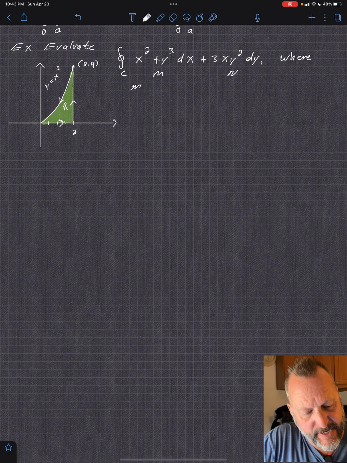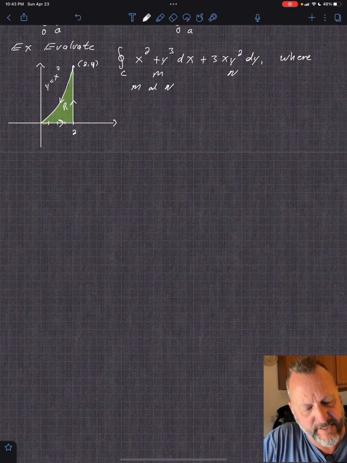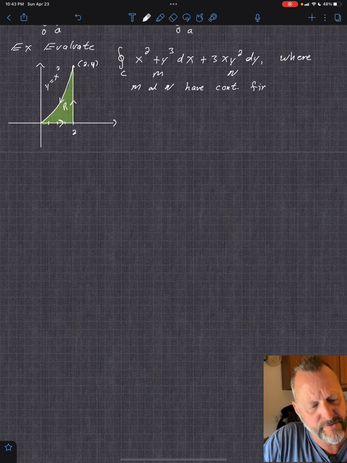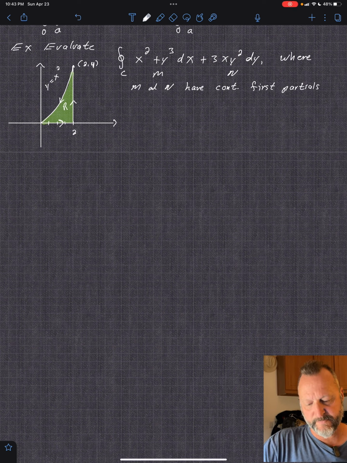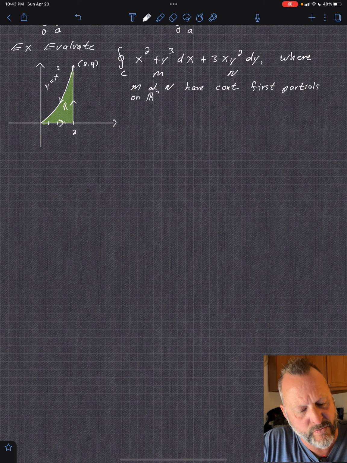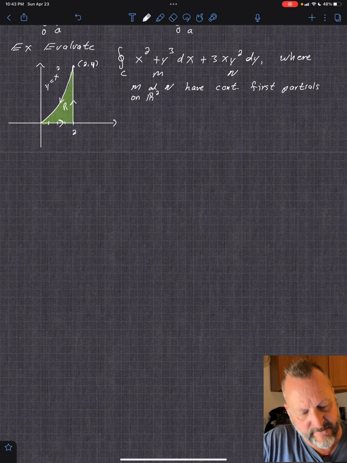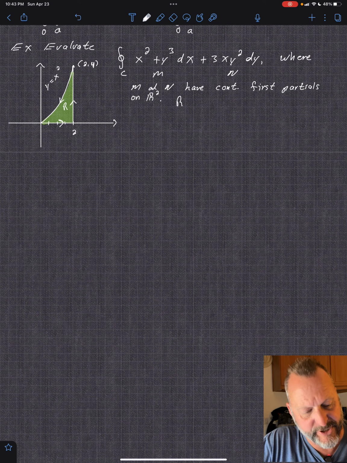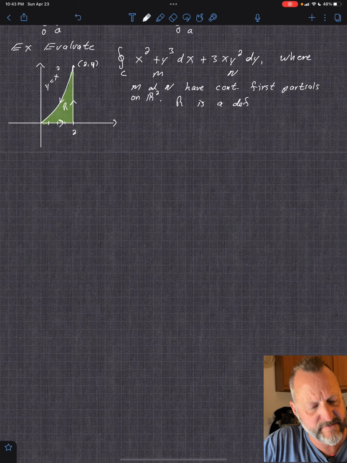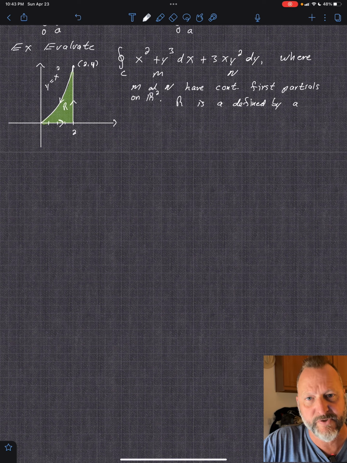So you would say M and N have continuous first partials, specifically on R2, so on the plane. The region R is defined by a piecewise smooth simple closed curve.